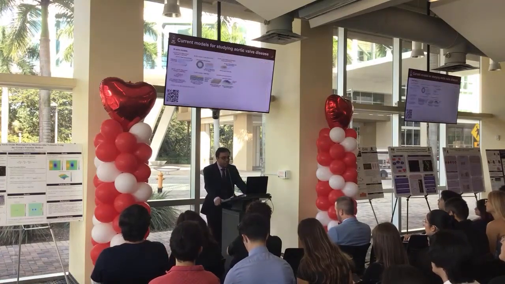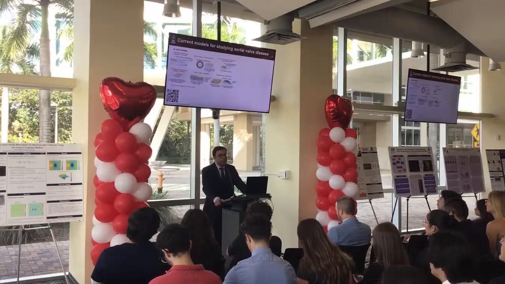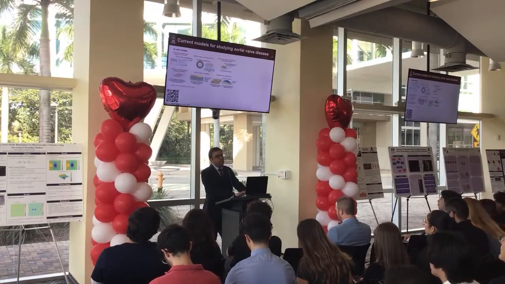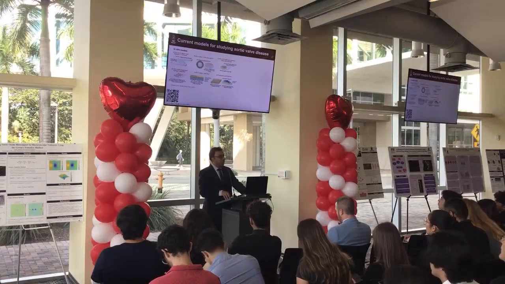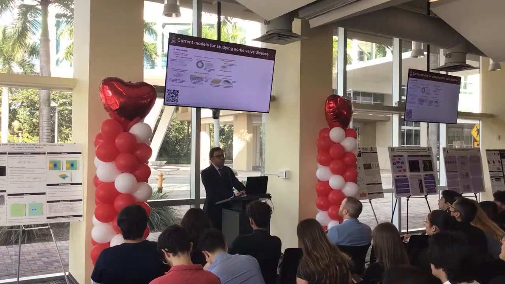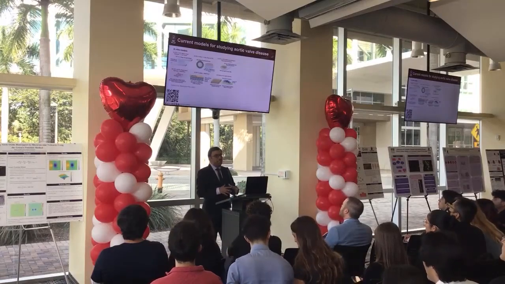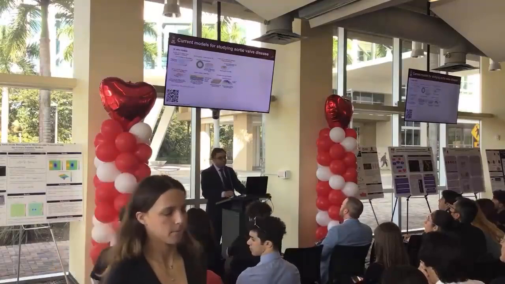So if we take a look at the current models for studying aortic valve disease, they're quite varied. You have, for example, some models that were developed by us where you have a stretchable membrane with a well that holds a 3D hydrogel construct that mimics the valve leaflet. You also have other techniques where these hydrogels are constrained by springs, and these springs are attached to actuators that allow them to expand and contract, just like how a valve leaflet does in vivo.